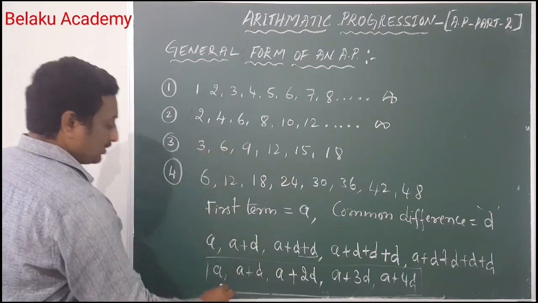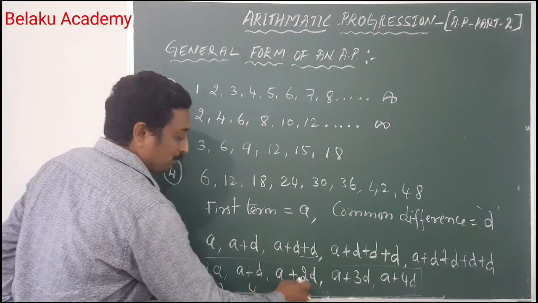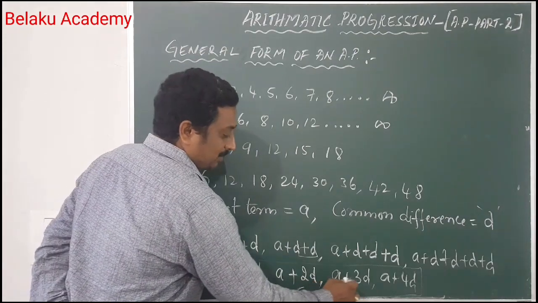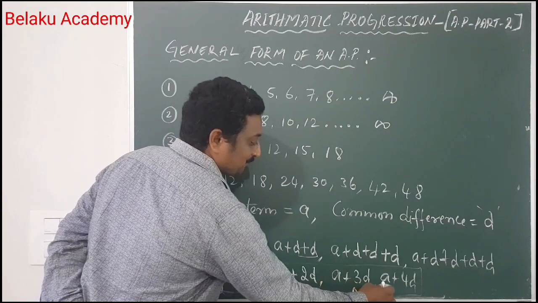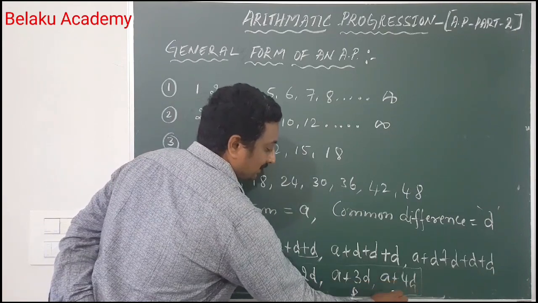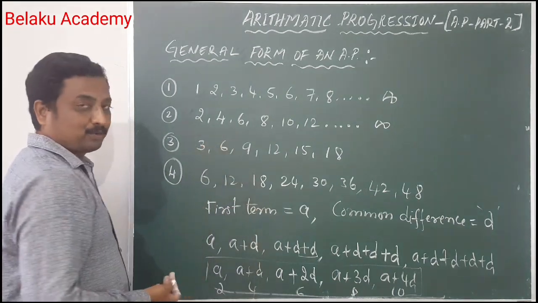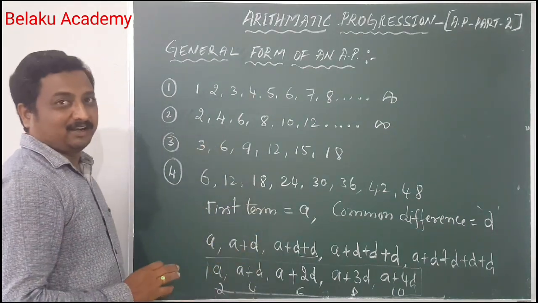So 2 plus 2 becomes 4. Then 2 plus 2 into 2, 4 plus 2 is 6, A plus 3D is 6 plus 2 is 8, and A plus 4D becomes 10. So you can construct any arithmetic progression if you know the first term and the common difference.